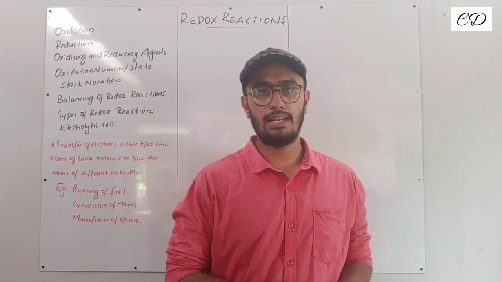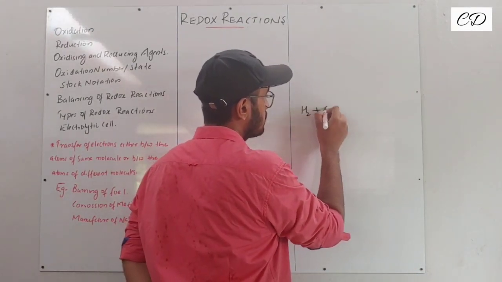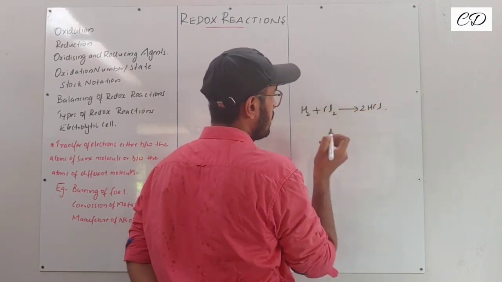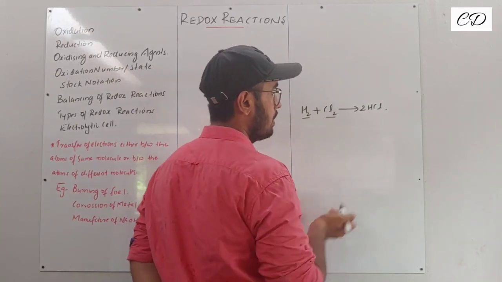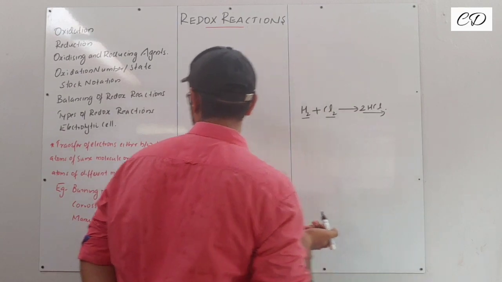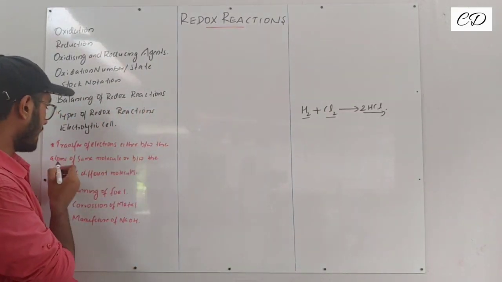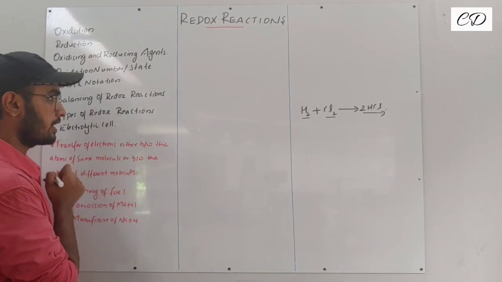So we can go to one example. Hydrogen H2 plus chlorine giving 2 HCl. Here hydrogen is one molecule and chlorine is another molecule combining to form a compound HCl. Our first definition is transfer of electrons either between the atoms of the same molecule or between the atoms of different molecules.